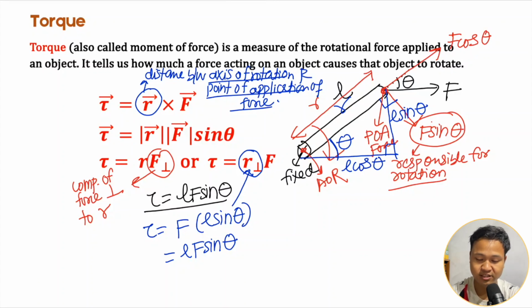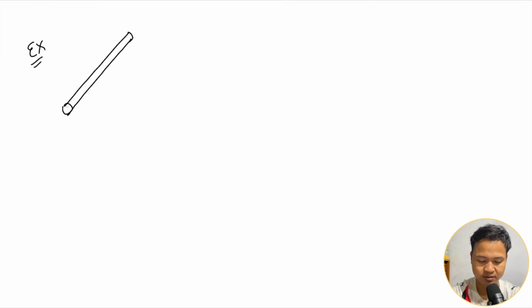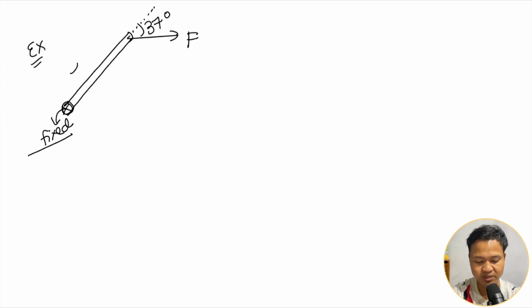Okay, let's practice how to use torque. Example: I have a rod which is fixed at one end, so it can rotate about this axis. Now if I apply a force f at some angle, say 37 degrees, and the length of the rod is l, what will be the torque?